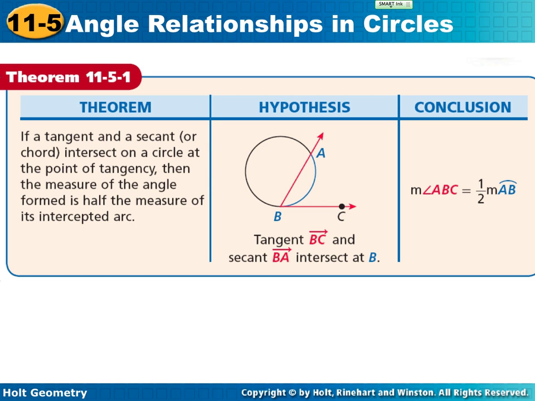Vertex is still on the circle, it's still half of it. I'm going to add that picture up here. So besides an inscribed angle, it could look like a tangent and a secant. That's still half of the arc.